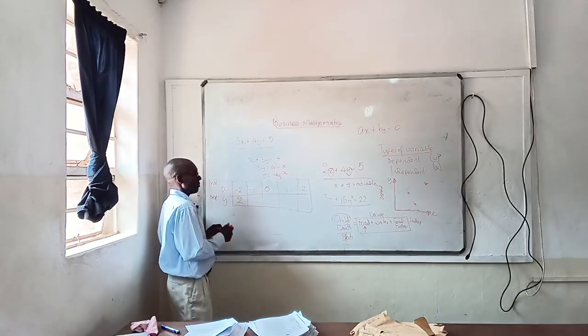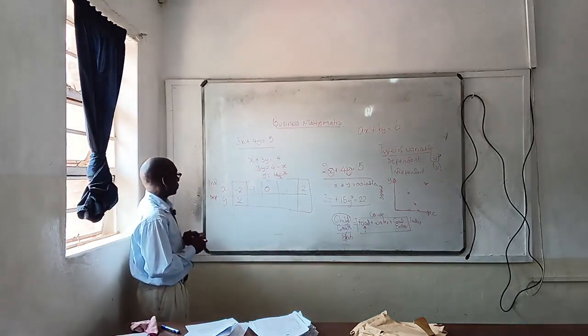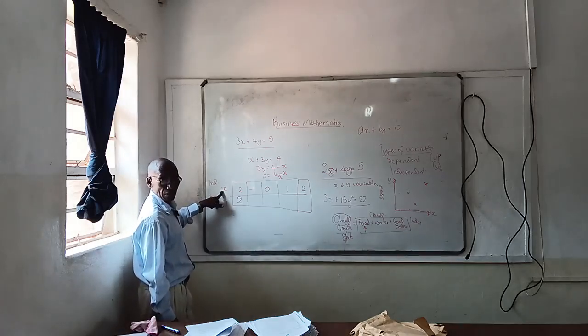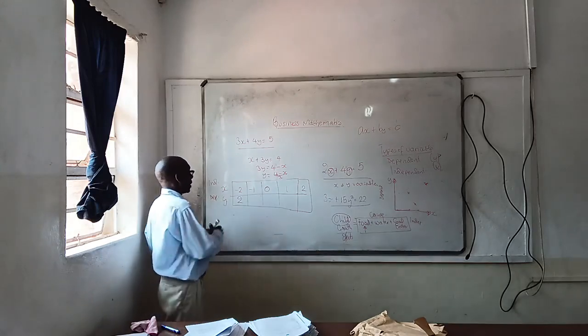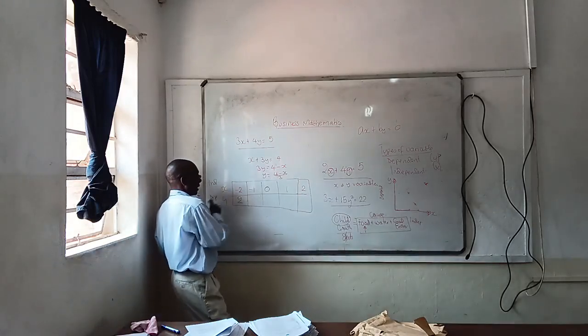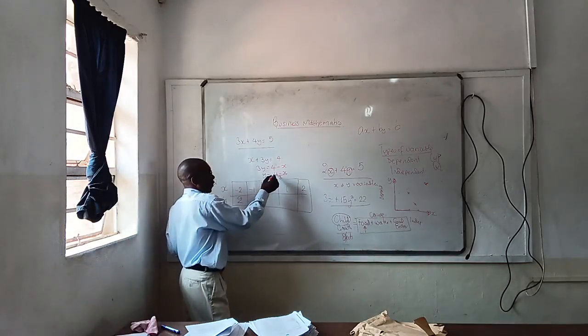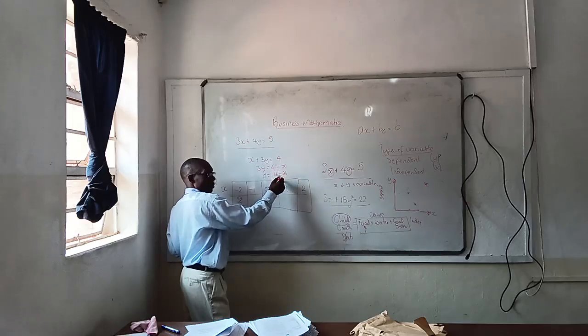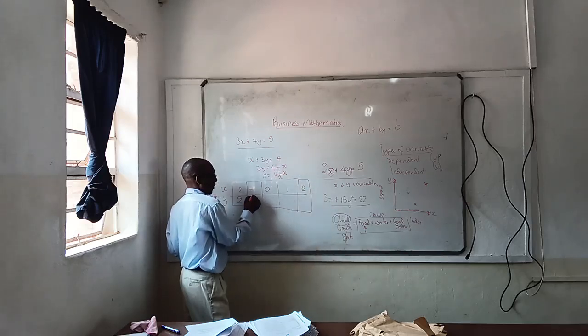Now, assuming x is negative 1. When x is negative 1, it's going to be 4 minus negative 1. Negative gives you positive. So 4 plus 1, 5 divided by 3. 5 over 3, right?